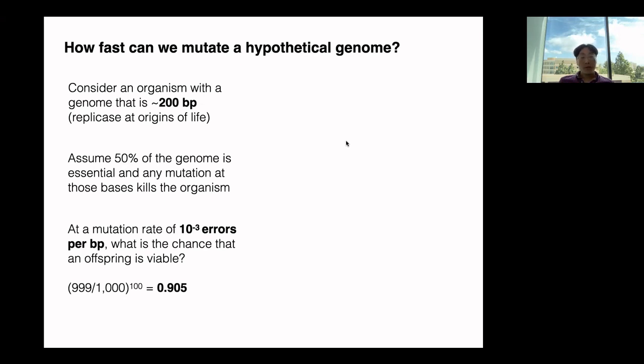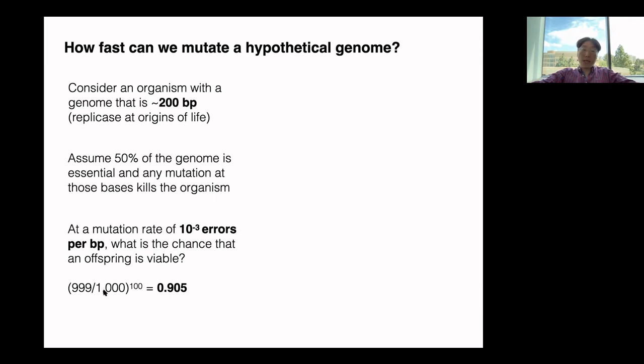And with a small genome like that, of course, some of it will be essential to the activity of the genome and the activity of the organism. So we can assume, let's say, 50% of that genome is essential, where any mutation at those bases would kill the organism. If we have these assumptions and we add in a mutation rate, we can calculate the chance that an offspring is viable, right?